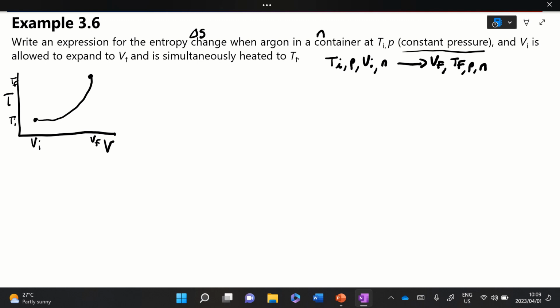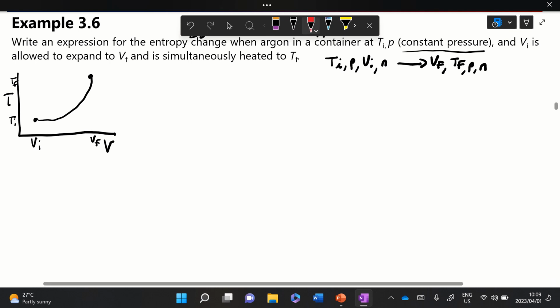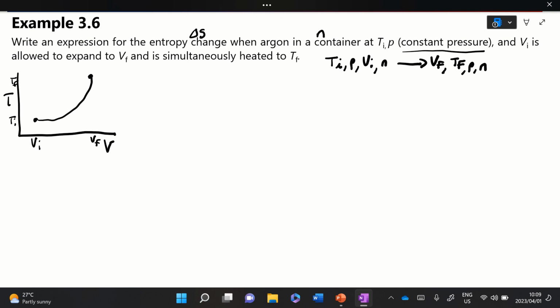Right, so how does this help us? Perhaps you've read your textbook. There is a method to break up this process, because we need to calculate the delta S for it.